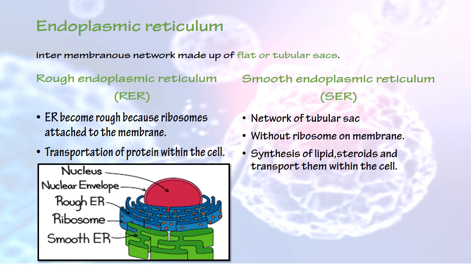Rough endoplasmic reticulums are always attached to ribosomes. That means ER becomes rough because ribosomes attach to the membrane. But comparatively, you can't find any ribosomes over the surface of smooth endoplasmic reticulum.